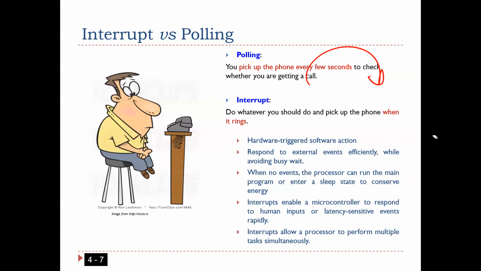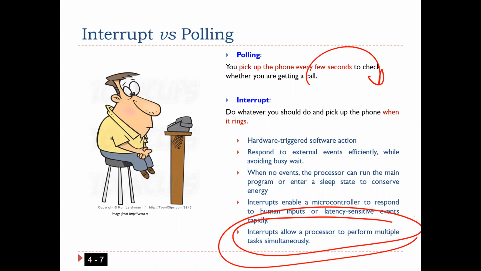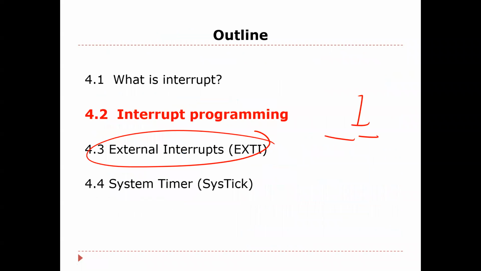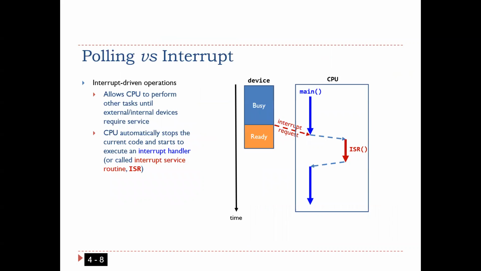Interrupts allow the processor to do multiple things simultaneously. This is also what I explained, a very important thing. As you see here, this is the main program. Every time there is an interrupt, I'm going to go execute a subroutine and then come back, okay? Any questions?